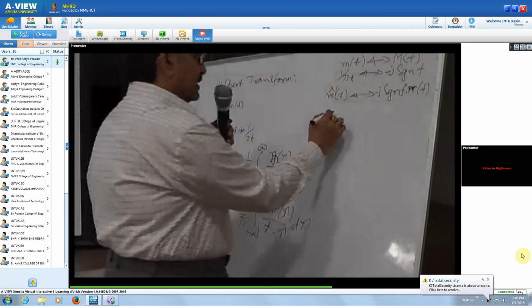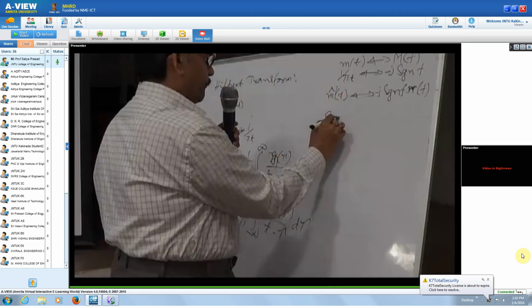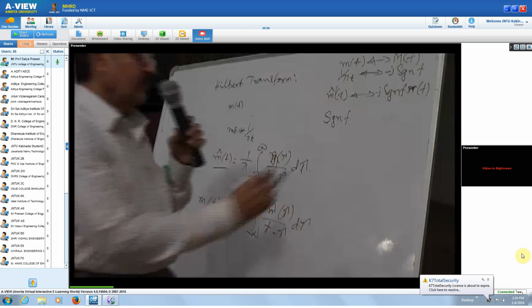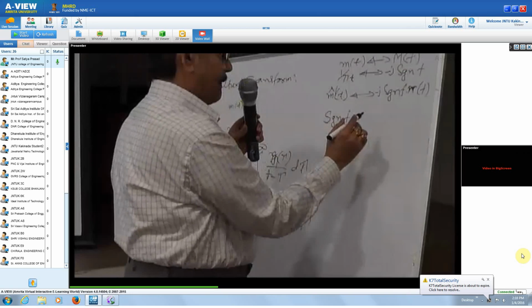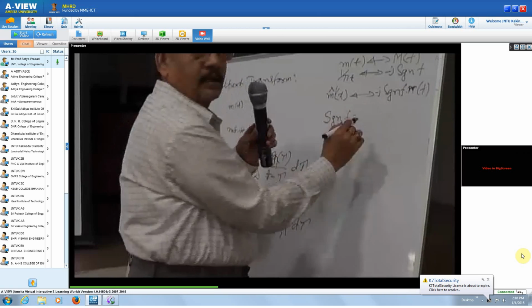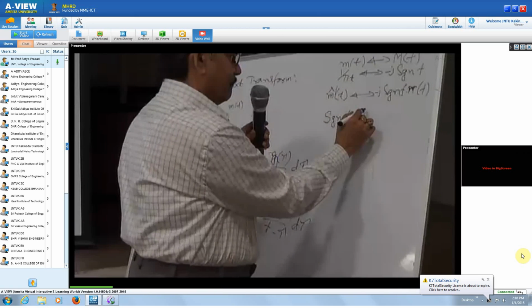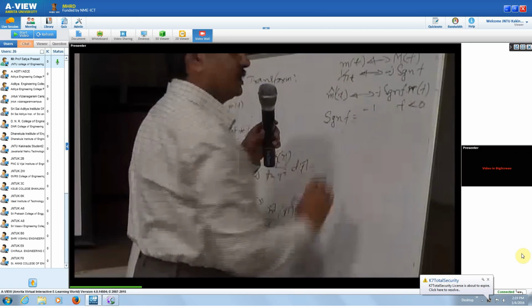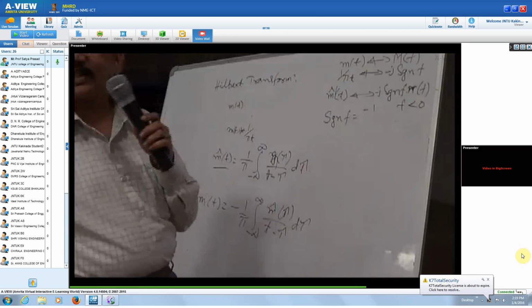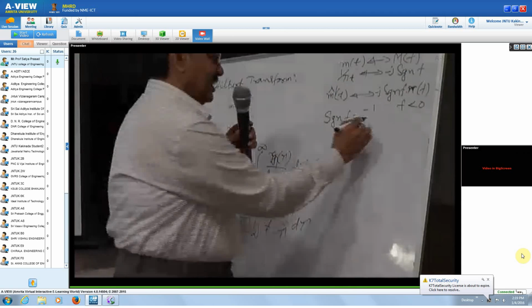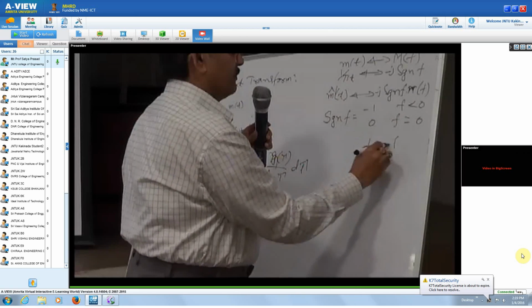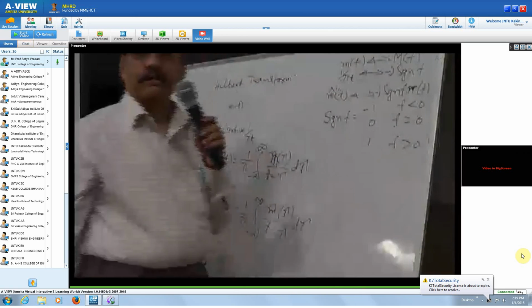What is the signum function? It is minus 1 for f less than 0. There is no t here. This is the frequency spectrum that we are considering. So it is 0 if f is 0 and 1 if f is greater than 0.